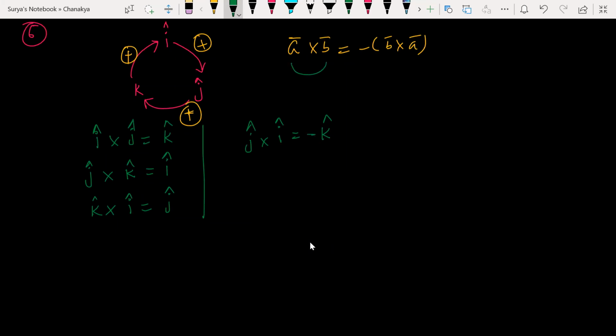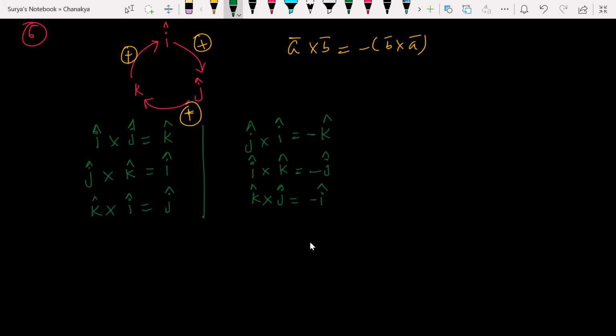So if you are moving in a positive direction, it is positive, but when you are moving in a negative direction, it gives you negative. Very simple. Now tell me, I cap cross K cap, what can it be? Minus J cap. Now K cap cross J cap gives me what? Minus I cap. Very simple.